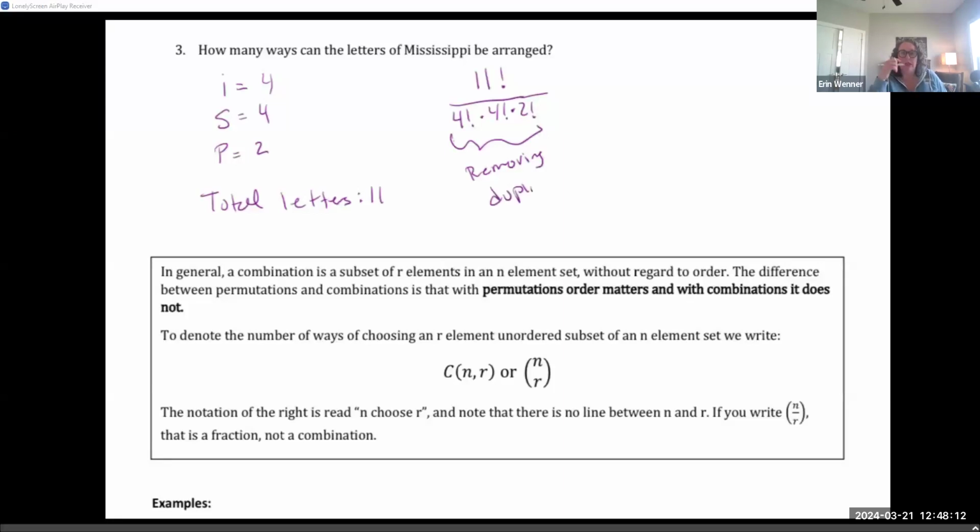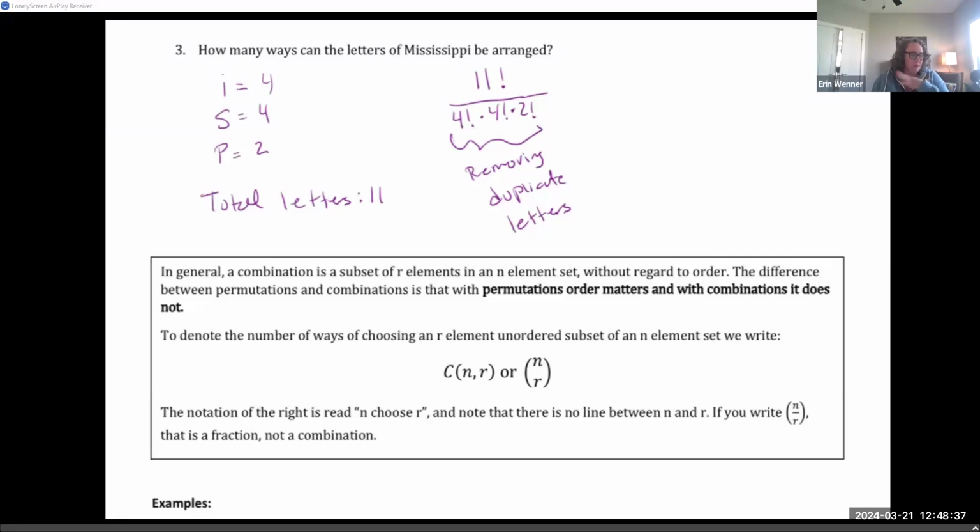So when you're calculating this in Desmos, you can put this in as 11 exclamation point divided by, and you can put the whole thing in. If you are not putting this into Desmos, when you think about order of operations, we need to satisfy our numerator and we need to satisfy our denominator. When I say satisfy, we need to calculate it out.